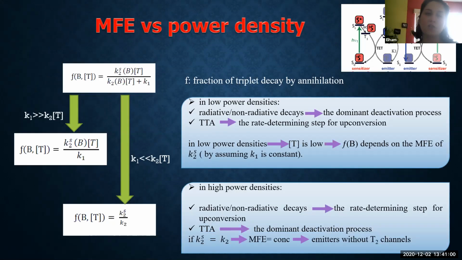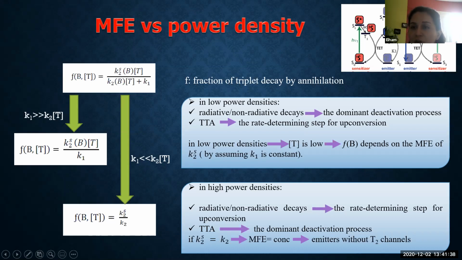So now it was time for modeling the things that we observed. First of all, it would be good to compare the low power and high power density that we apply on our sample. If we say that F is the fraction of the triplet decay by ionization, I put this photo of the conversion on the top right side of the slide to help you see the parameters that I'm talking about.